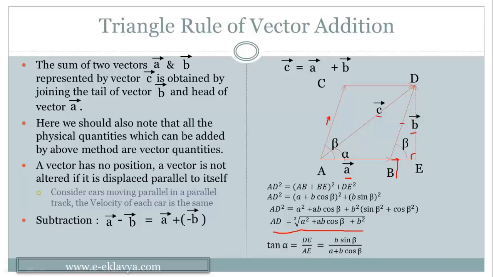So subtraction is similar to addition, only thing is, if you can see here, A minus B can be written as A plus minus B. And what is minus B? Minus B is nothing, same, the direction is opposite. Fine.